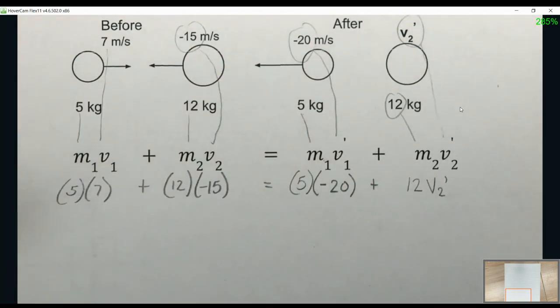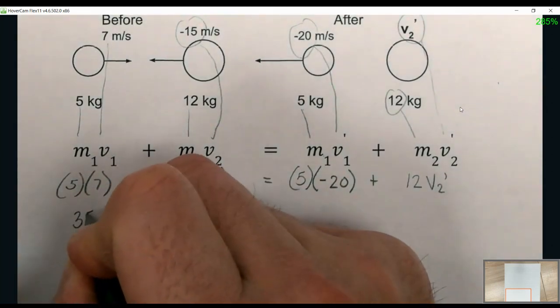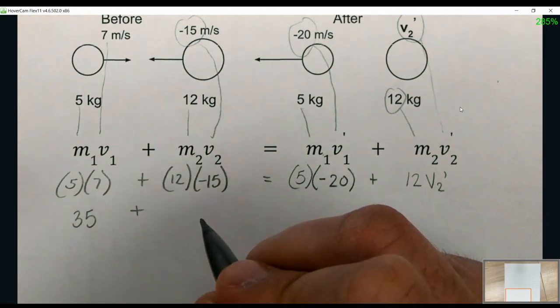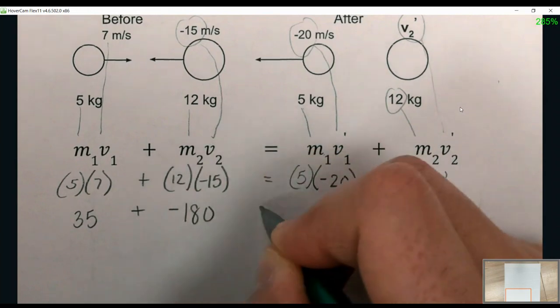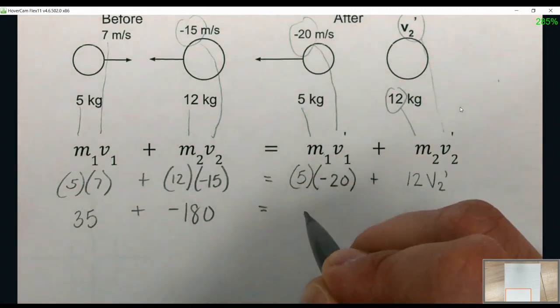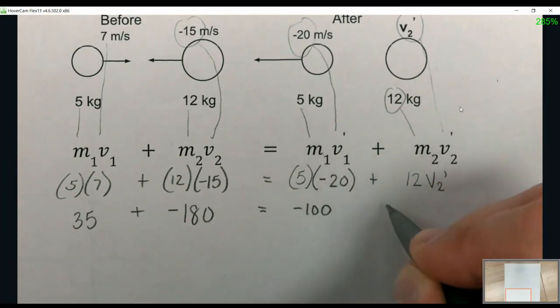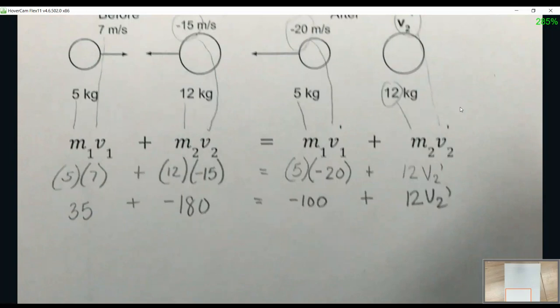So we're going to go through this. 5 times 7 is 35. Bring down the plus sign. 12 times negative 15 is negative 180. Bring this down. 5 times negative 20 is negative 100. Bring down the plus sign. 12 V2 prime.